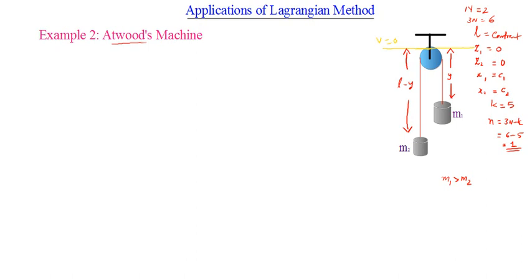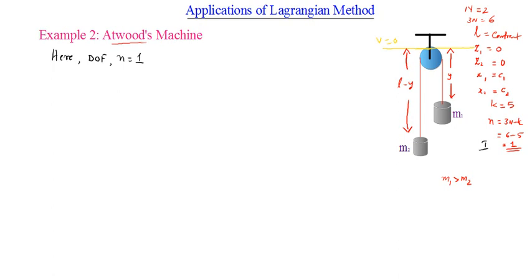Now with these considerations, let me write down the potential energy and kinetic energy. The first step is already over. I have introduced the number of degrees of freedom, so I'm writing it here: degree of freedom n equal to 1, since L is a constant.